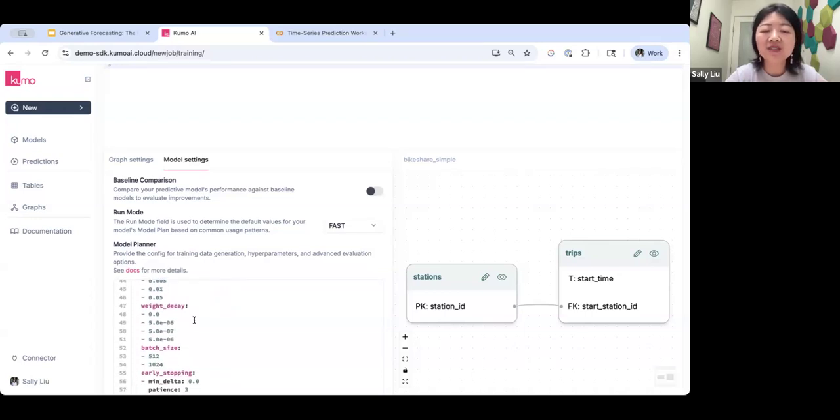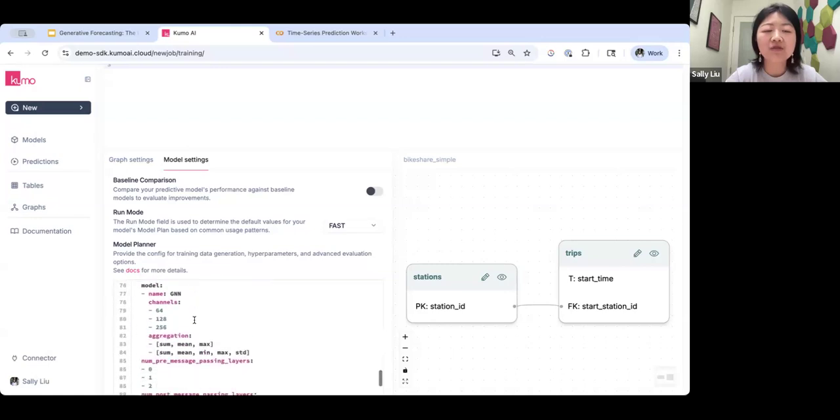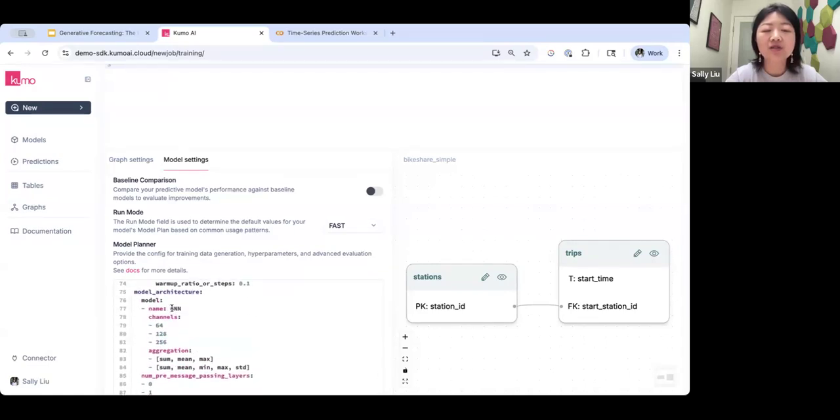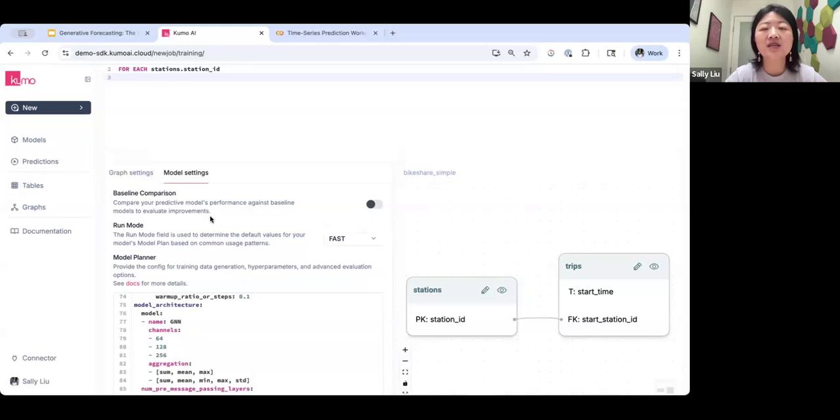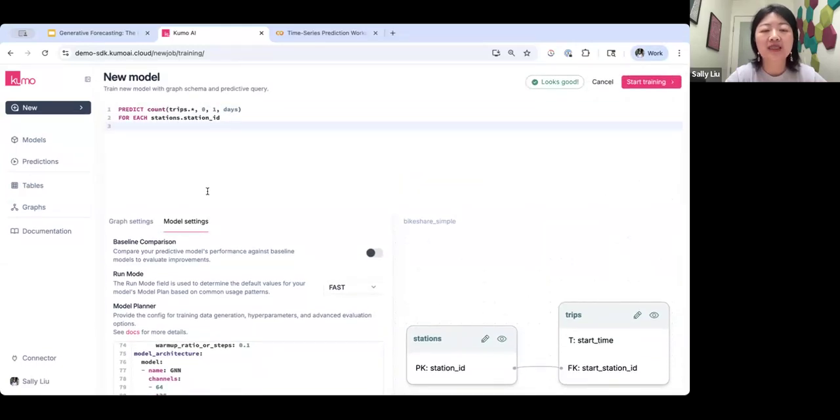So there's a lot of things you can play with on the platform. And here, the model is using GNN, but you can also change to graph transformer as your model. So if you want to play with the platform, there's a lot you can play with, but if you just want a very decent prediction out of the box, Kumo is able to predict that.